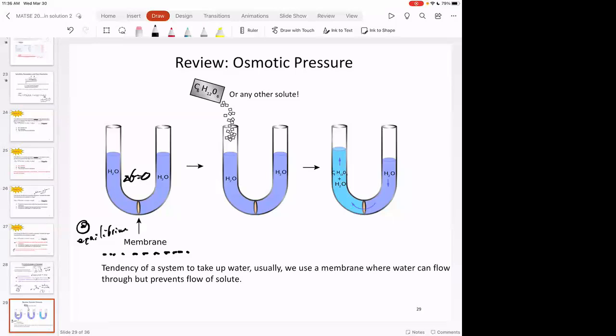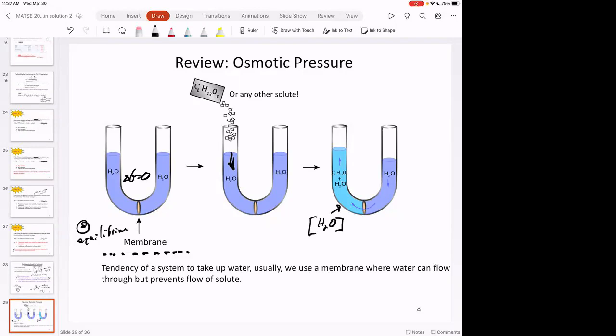Okay, we're going to put in some sort of solute into one side of the tube here. And so what happens is now the water concentration is lower on the solute side because you've added other stuff, right? In this case, I think that's glucose or whatever it is.